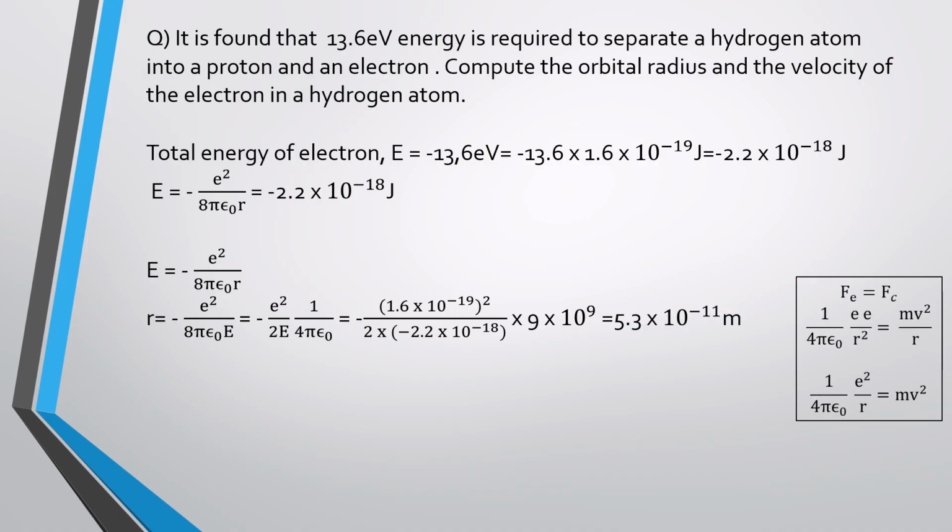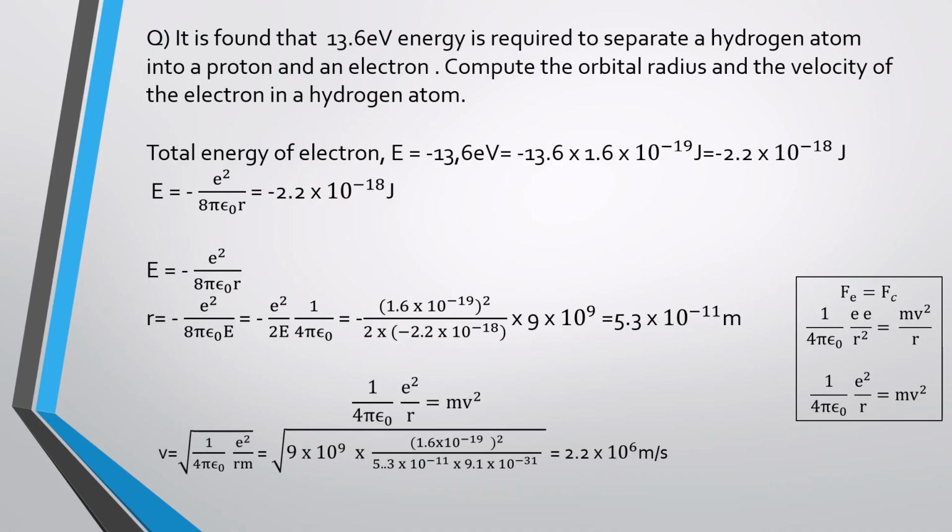Now we have to find the velocity of the electron. We can use this equation, that is Fe is equal to Fc. Fe is 1 by 4 pi epsilon 0 e square by r square equal to mv square by r. So 1 by 4 pi epsilon 0 e square by r is equal to mv square. So the equation for v is, we can take m to the right hand side and we have to take square root.